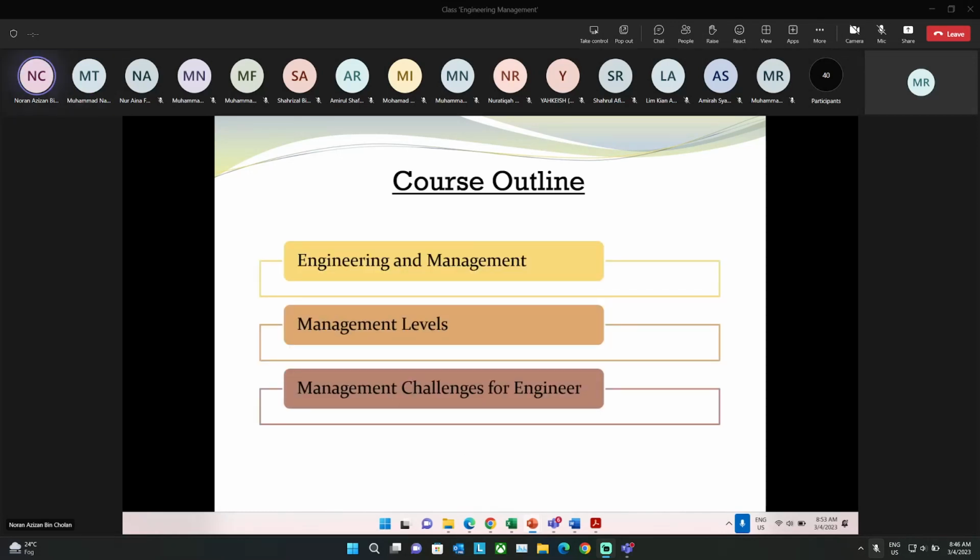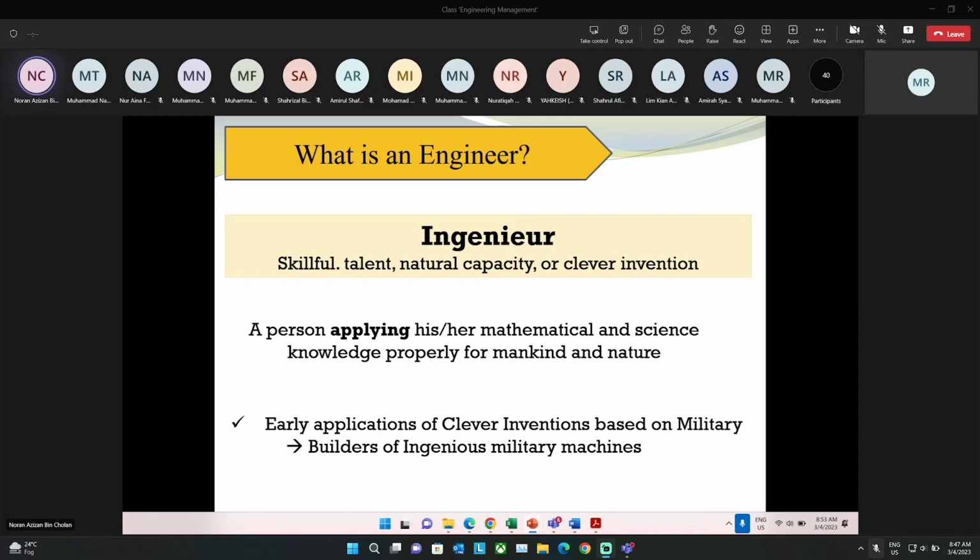Okay, this is the course outline. First we go to engineering and management. Second is management level, and the third is management challenges for engineers. Okay. So what is an engineer?